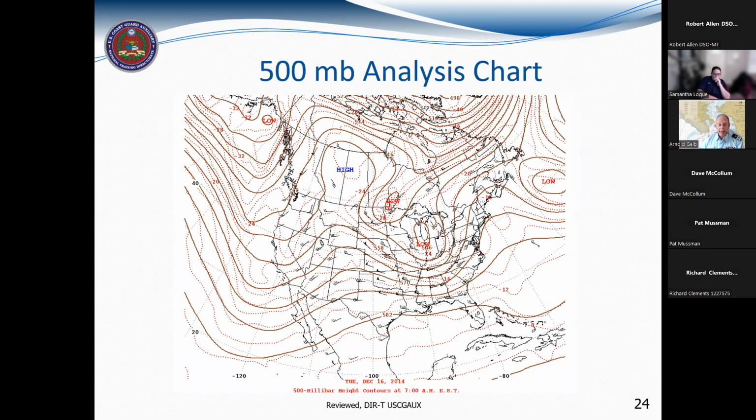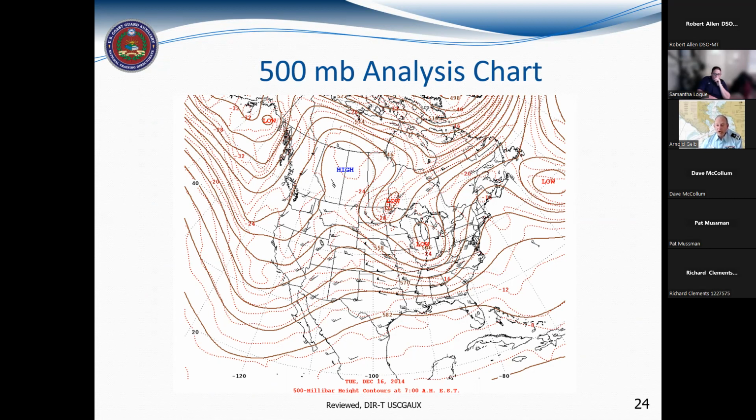So here is an example of a 500 millibar analysis chart. On this chart, there are actually 4 different areas of cyclonic flow, in the form of cutoff troughs for the lows that are in red.